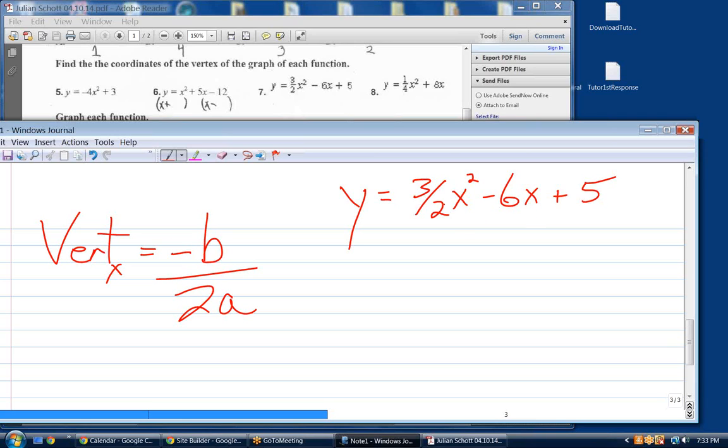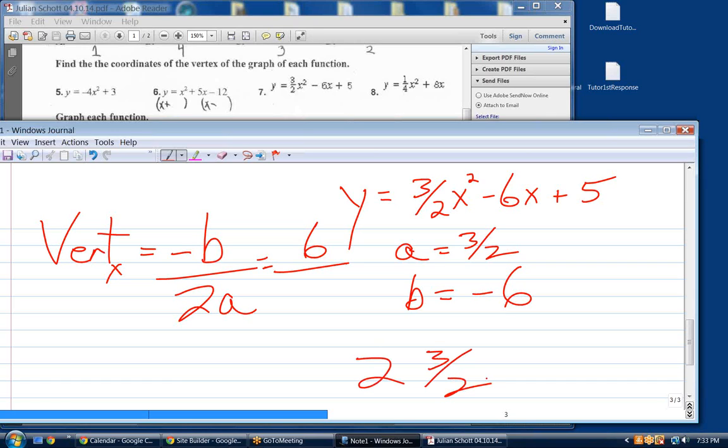Okay. In this quadratic, what's A? 3/2. What's B? Minus 6. Okay, so what is minus B over 2A? Is it positive 6 over 6? What's 2 times 3/2?